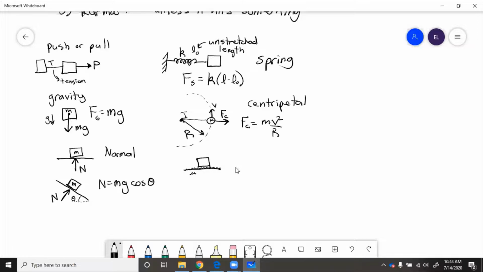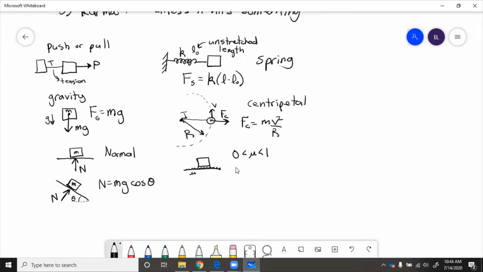This coefficient of friction is a measure of how much the two surfaces stick together. So how do the molecules from one surface mix into the molecules on the other surface? If they mix a lot and it's very sticky, mu is high. If they don't mix at all, then mu is low. Usually the coefficient is between 0 and 1. You can look these up for different surfaces.